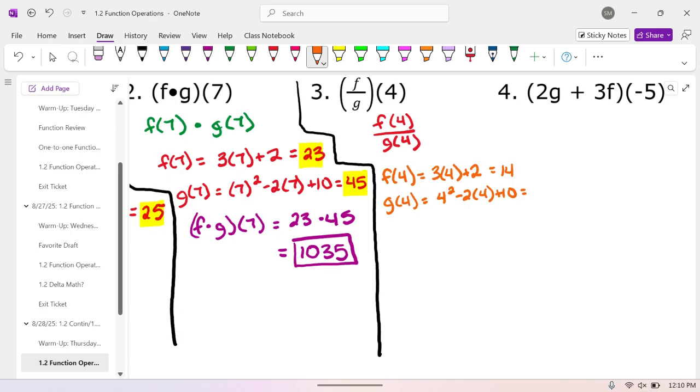8. No. 14.125. I'll show you guys what to do with that. No, it's in ballpark.